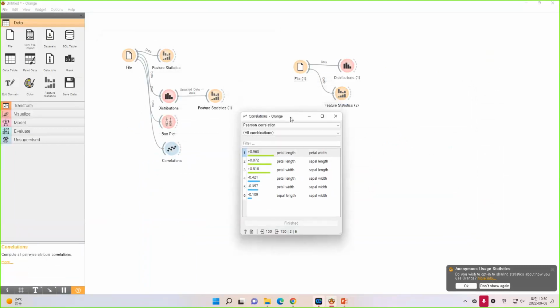In the correlations, we can see the correlation between two numerical attributes. Here we can see there is a high correlation between the petal length and petal width. There is a high correlation between the petal length and sepal length. And there is a high correlation between the petal width and sepal length.